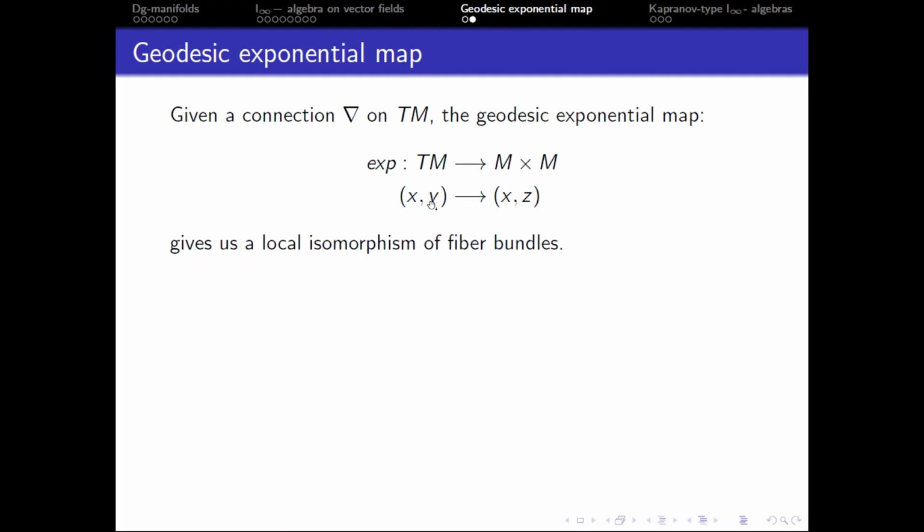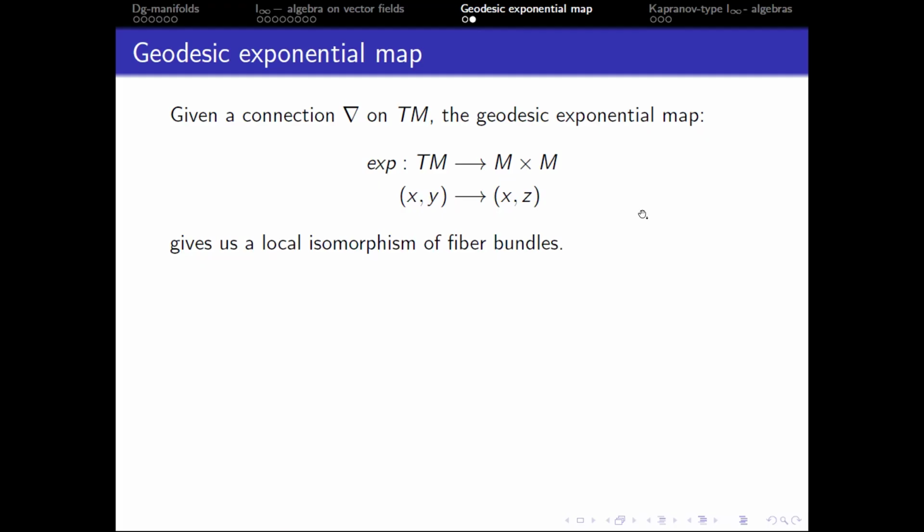I see how this curve moves, and I evaluate it when the time is equal to 1. So I see how this is translated, and this is the image of this geodesic exponential map. It is known that this gives us a local isomorphism of fiber bundles.